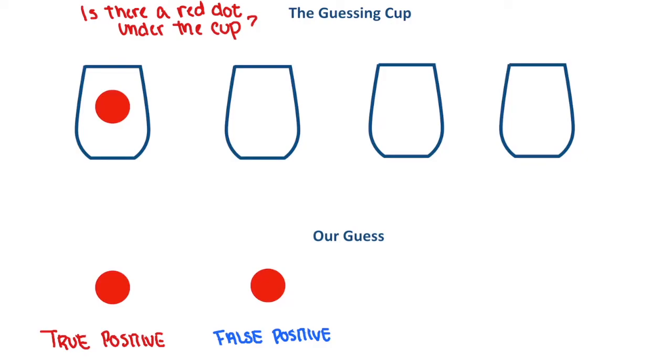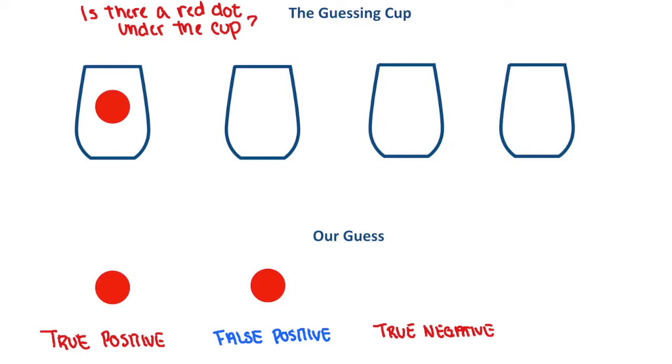So what that means for us is that we were correct. We didn't put that there would be a red dot, and there wasn't a red dot. But our second qualifier here is the fact that because we didn't put a red dot as our guess, this was negative. So the way that we'll qualify this is to say that this is a true negative.